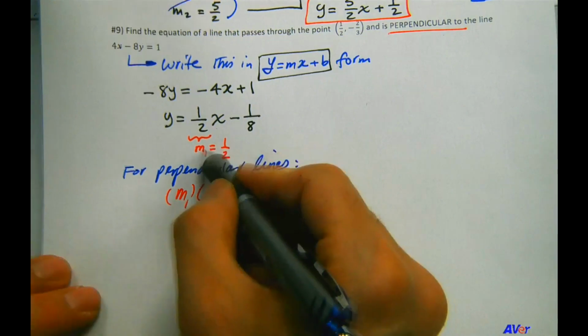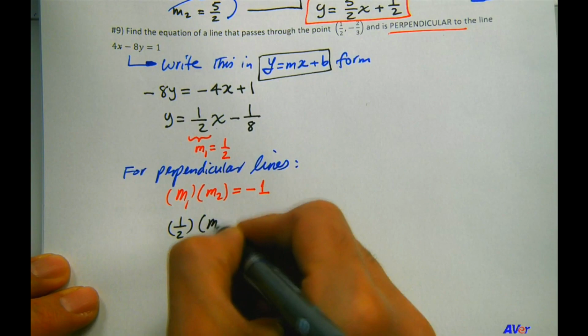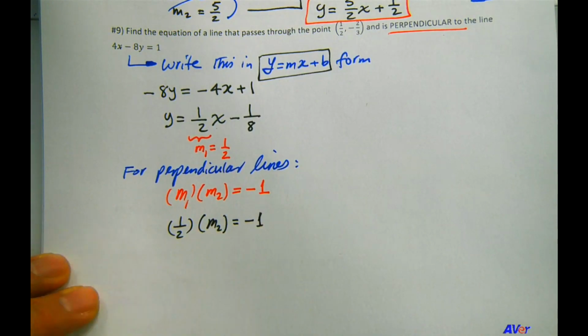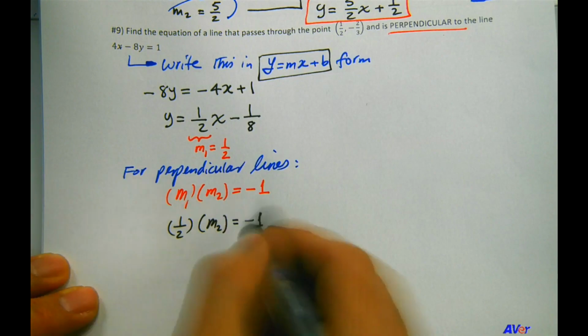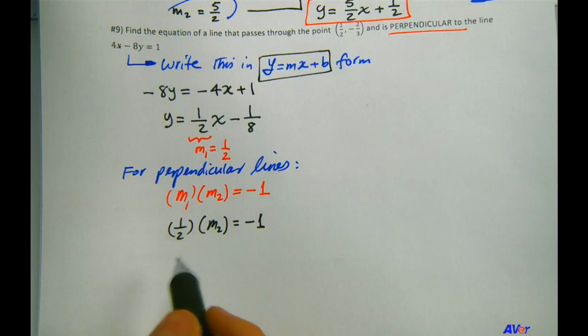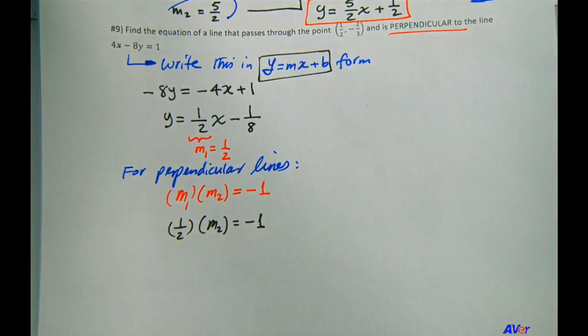So we know what M1 is. Let's plug in. We're looking for M2 such that M2 times 1 half is equal to negative 1. Some of you might have to solve this step by step. Some of you know right away M2 should be negative 2, which is fine.